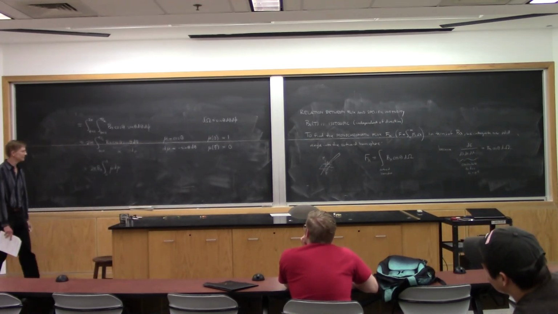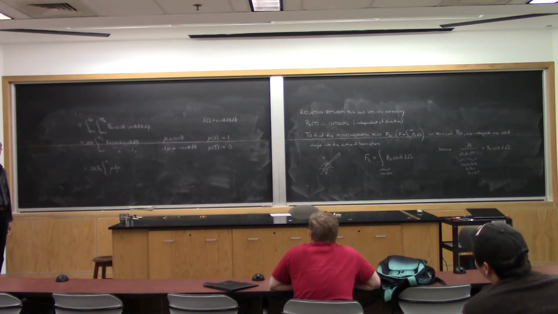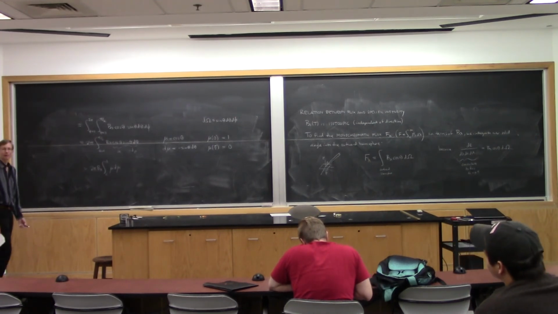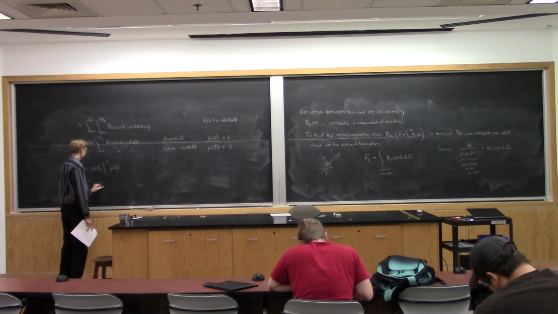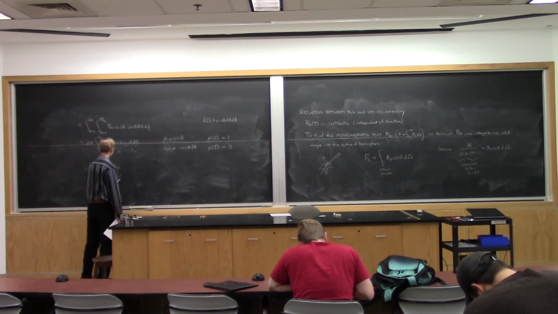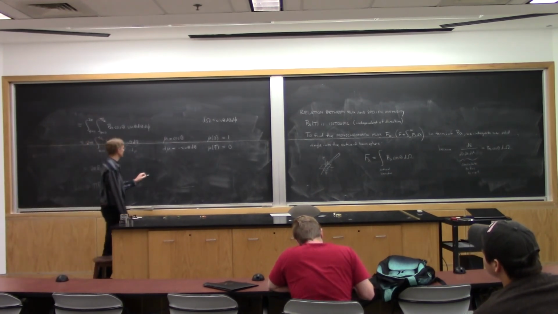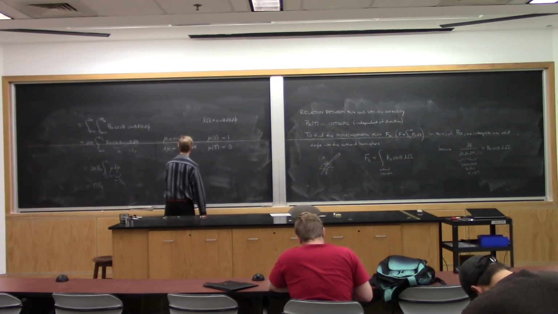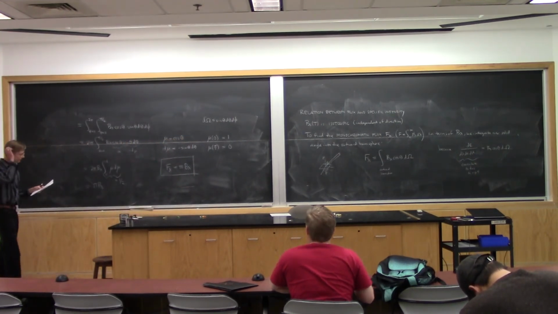So, the integral of mu d mu from 0 to 1 is 1/2. It's mu squared over 2. Plug in 1, I get 1/2. So this is pi B lambda. So I just get pi B lambda. It's a very simple relationship. F lambda is pi times B lambda.